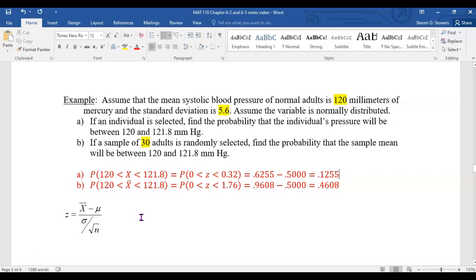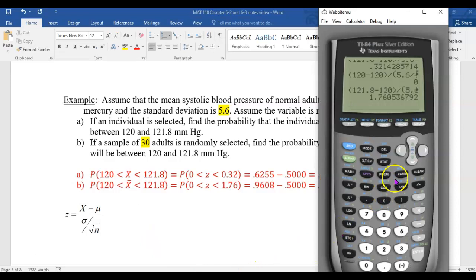Now, just as in section 6.2, there are shortcuts that you can use. If you have a graphing calculator, you can ask it for normal CDF, give it a lower number of 120 and an upper number of 121.8. The mean is 120.